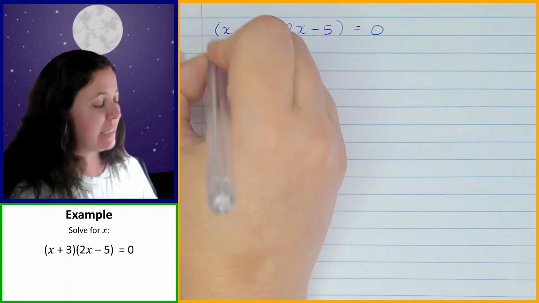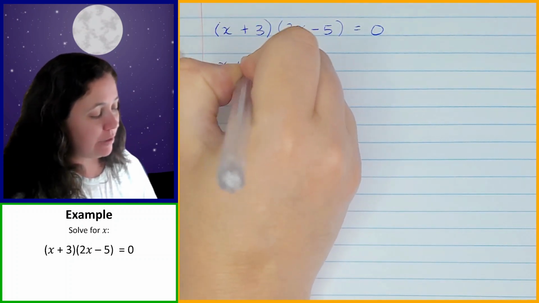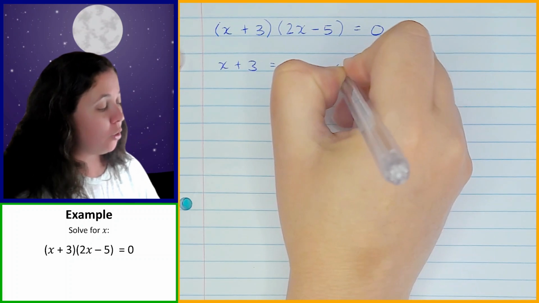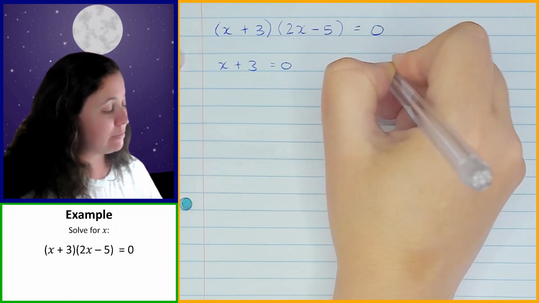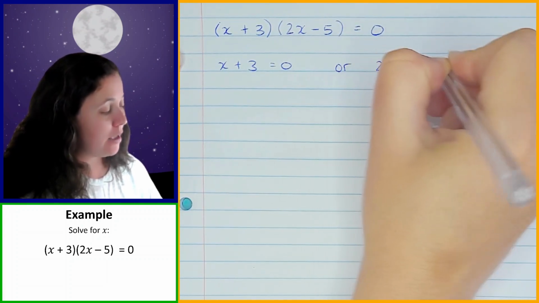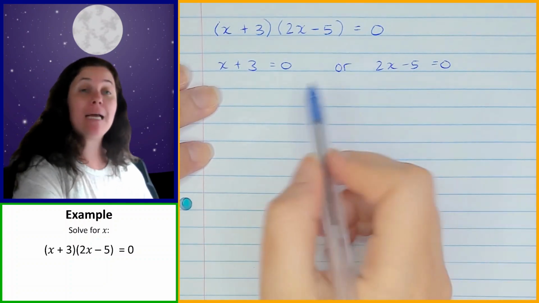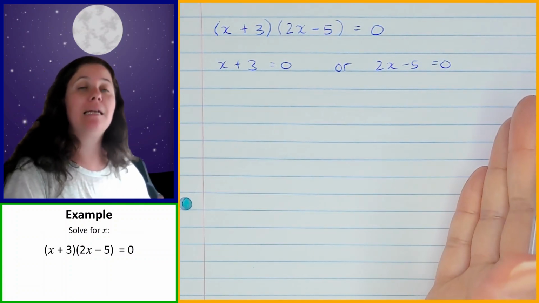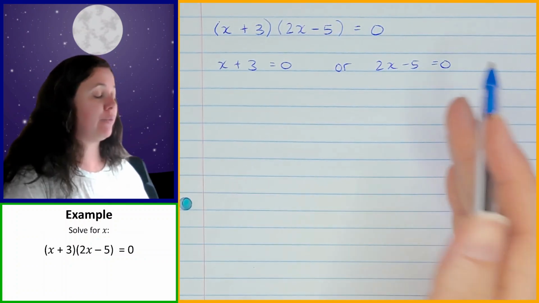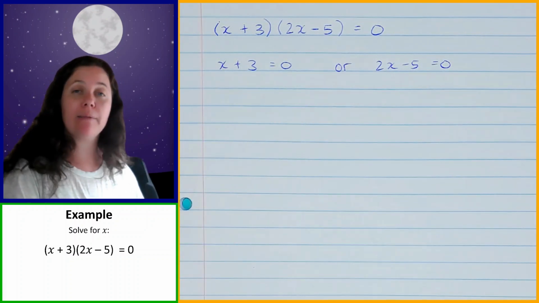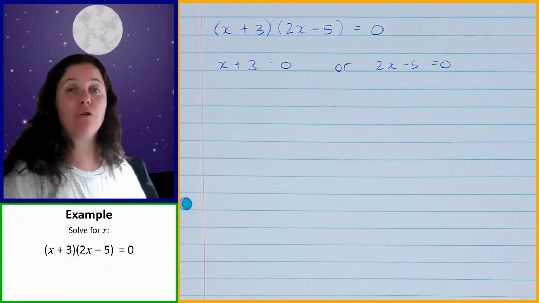So what we can say is x plus 3 must be equal to 0 or 2x minus 5 must be equal to 0. They can both be equal to 0, but at least one of them must be equal to 0, because the only way you can get 0 when you multiply them together is if one of them was 0 to start with.